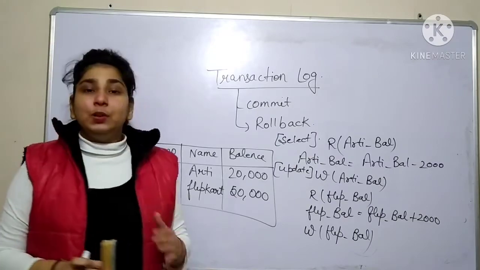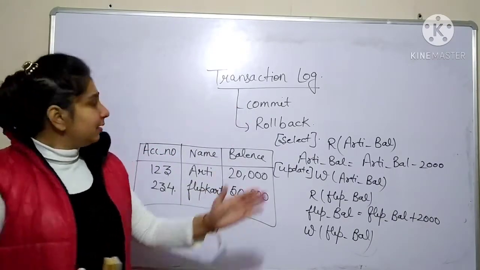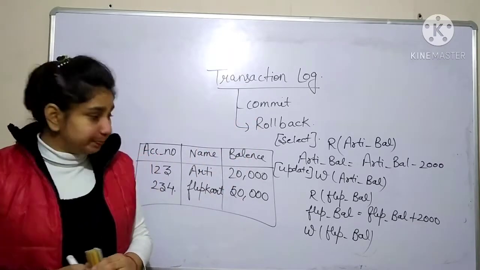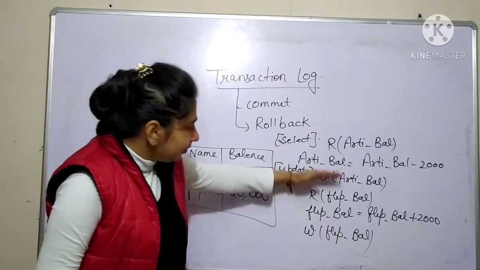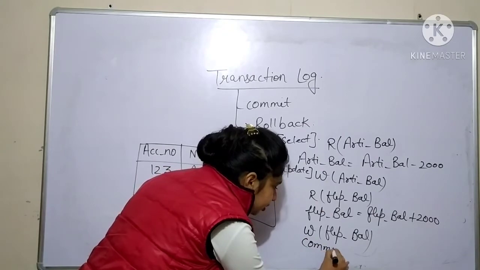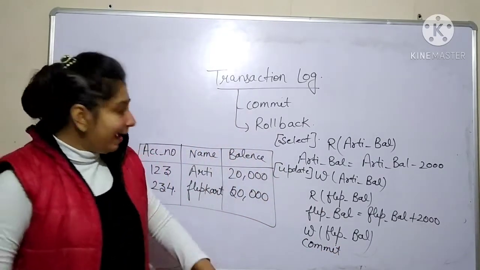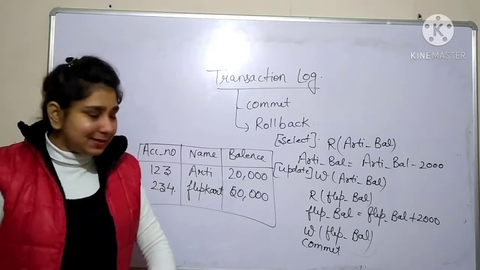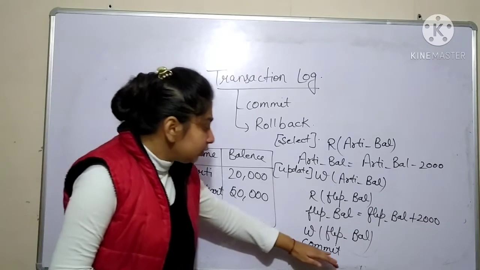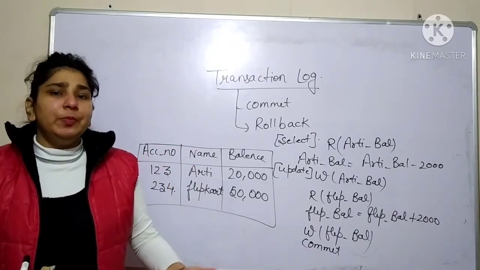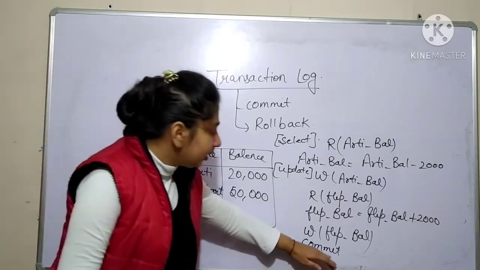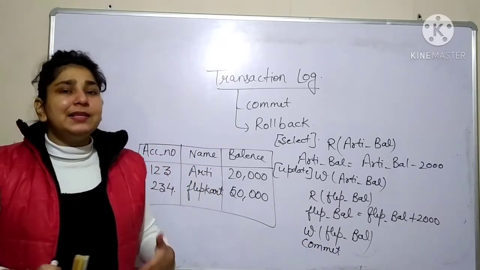Now let's discuss what the commit operation is and what the rollback operation is. At the end of the transaction, we write the commit operation. So what does the commit operation mean?